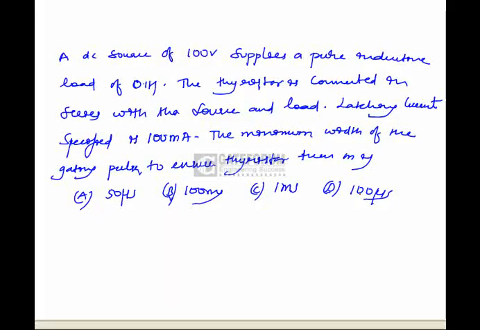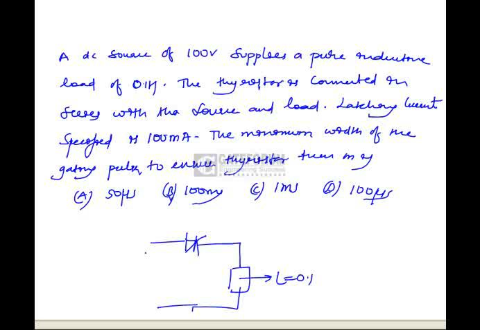A DC source of 100 volts supplies a pure inductive load of 0.1 Henry. We have a thyristor here and a pure inductive load L equal to 0.1, with a DC source of 100 volts. The latching current specified is 100 milliamperes. What is the minimum width of the gate pulse to ensure thyristor turn on?